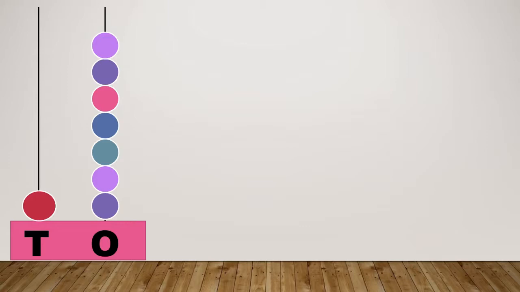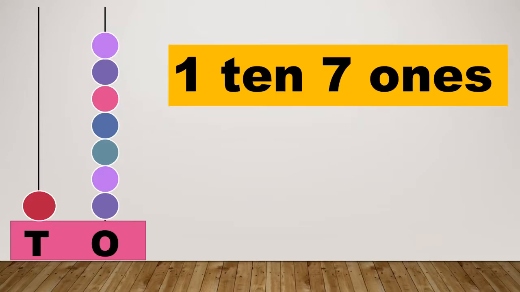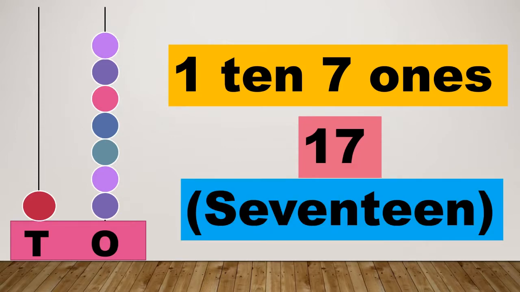Right, 7. 7 beads in ones place and 1 bead in tens place. It means 1 ten, 7 ones. 1 ten, 7 ones makes 17. SEVENTEEN, 17.